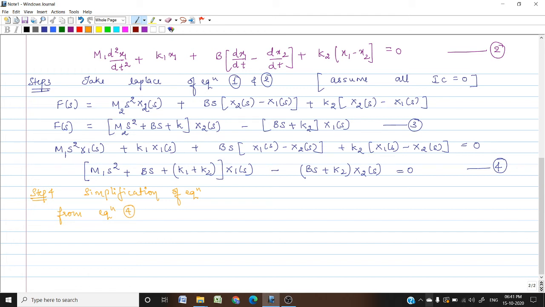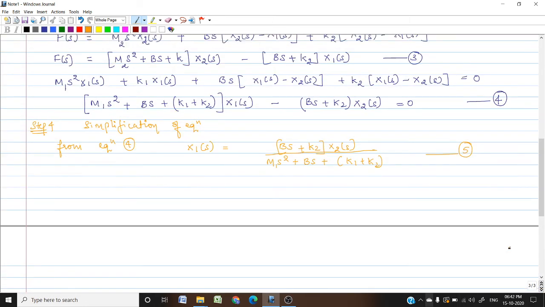So I'll directly write the equation because it is just a simplification. x1 of s equals (bs plus k2) into x2 of s whole divided by (m1 s² plus bs plus k1 plus k2). This becomes my equation number 5.